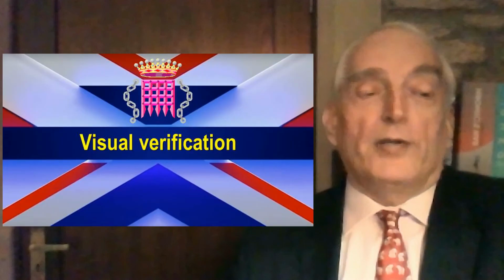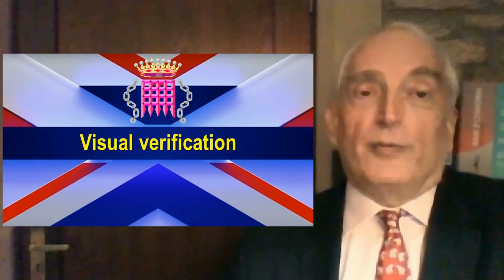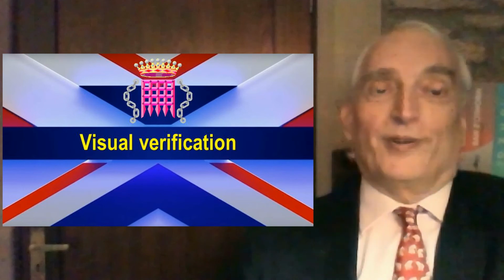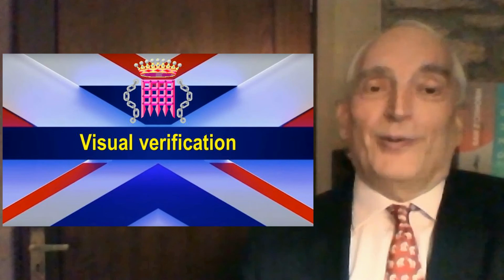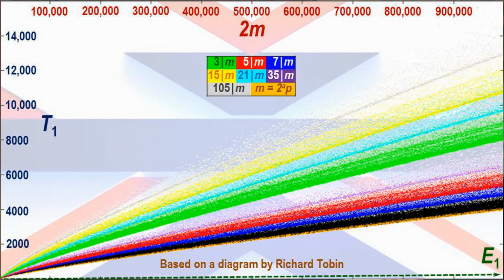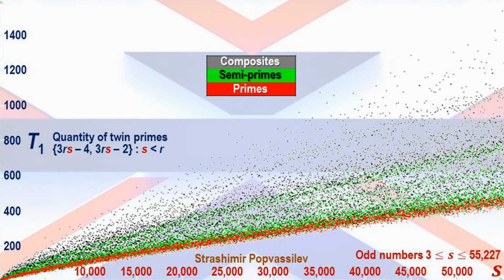And there's a rather nice visual verification that we can make of this, and I was very pleased when I stumbled across this because it does appear to indicate that we're on the right track here. If we go back to that wonderful diagram of the Goldbach comet by Richard Tobin of Edinburgh, and we then compare it with a twin prime comet, and this time there's another coloured one, and this is done by Strasimir Popvasilev, originally of Bulgaria, we see that these two patterns, these two comets, are strikingly similar.